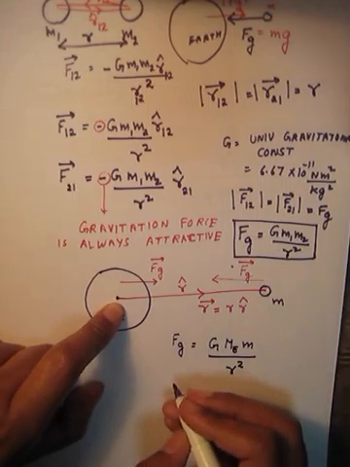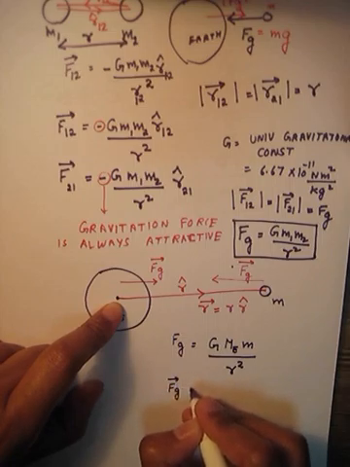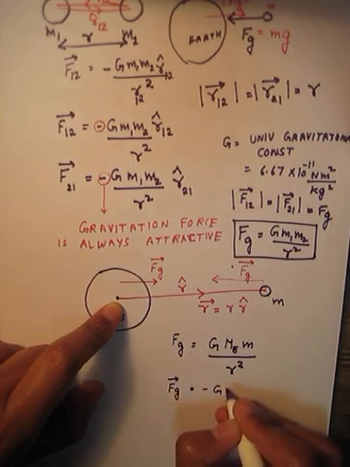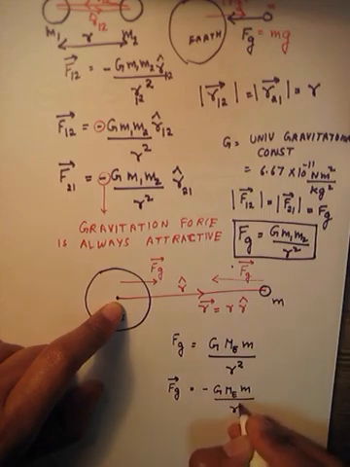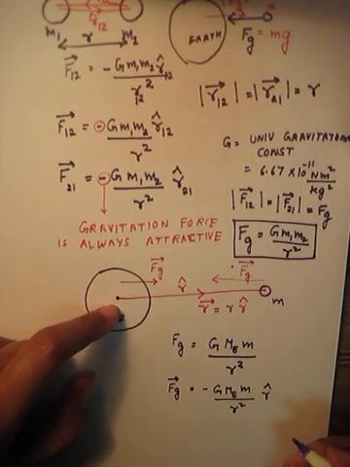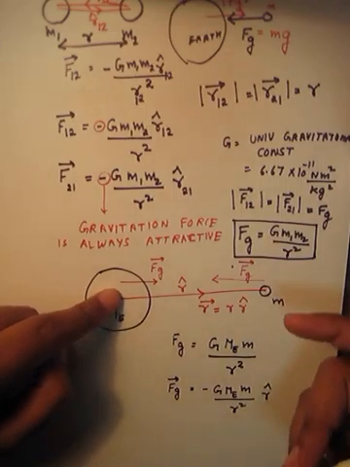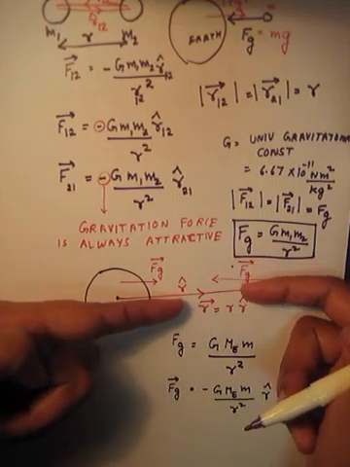We can also write it in vector notation, and we can say that Fg vector will be equal to minus G Me m divided by r squared and r unit vector. This is because when we are talking with respect to Earth, the force is in this direction, the unit vector will be in this direction, so they are opposite to each other.